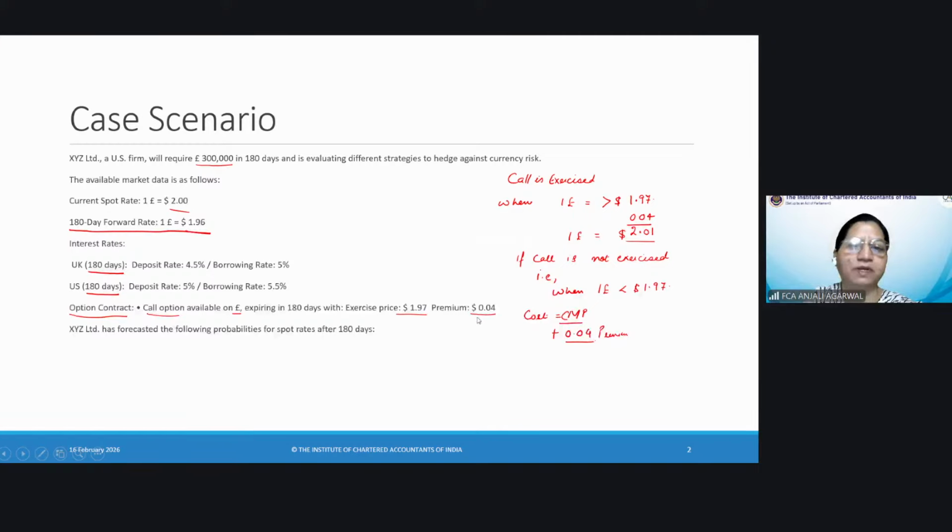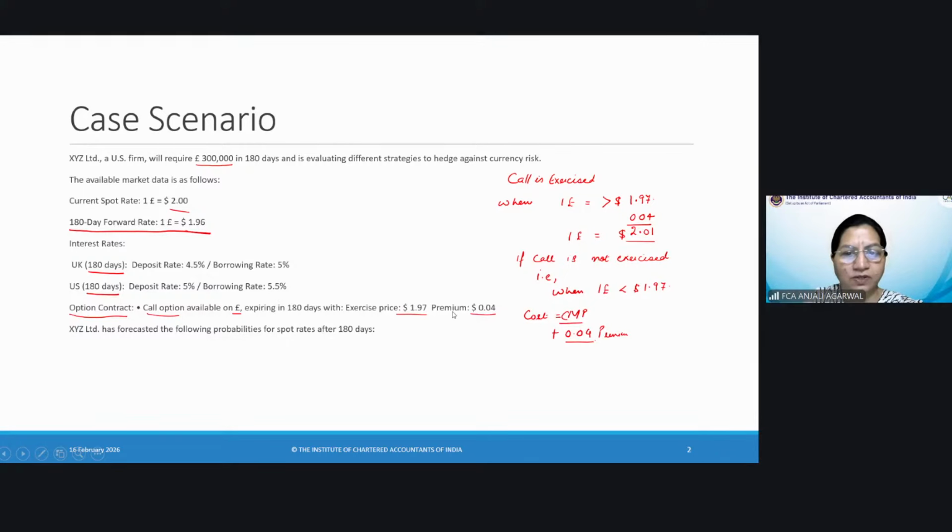Now, no rate of interest is given here, but you can see that you are a US firm. So you can apply the amount that you have to pay as premium, and you can apply the 5.5% borrowing rate as the interest opportunity cost, or 5% as the deposit rate. Okay. So if you actually borrow and then invest in initial premium, you will use 5.5.